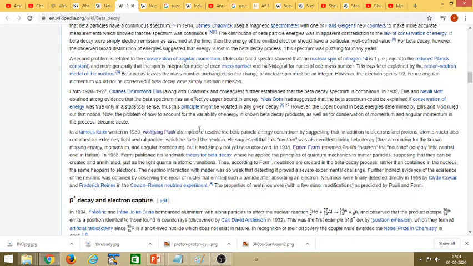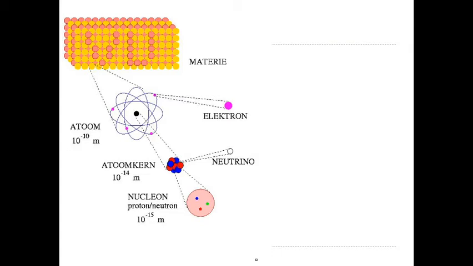The point I was trying to make here is that because of the conservation laws, in the case of beta decay they noticed that there was no conservation of energy, momentum, angular momentum, and that is why Pauli postulated the neutrino. If that was too much, if you want to, keep it in the back of your mind for now, and let's carry on.